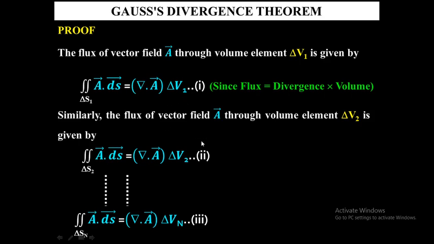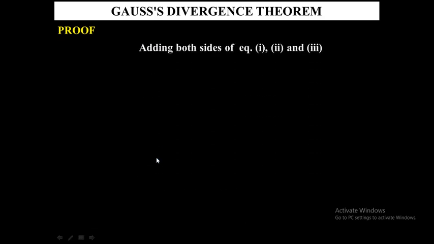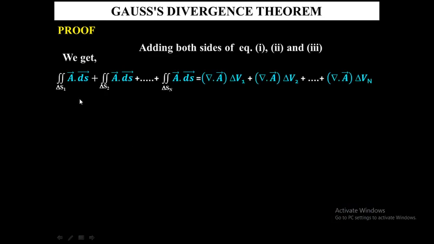After adding, we will get the surface integral over the surface delta S1 of A dot ds, plus the surface integral over the surface delta S2 of A dot ds, up to the surface integral over the surface area delta Sn of A dot ds, is equal to divergence of vector field A times volume element delta V1, plus divergence of vector field A times volume element delta V2, up to divergence of vector field A times volume element delta Vn.